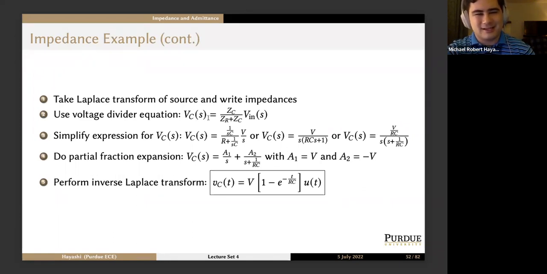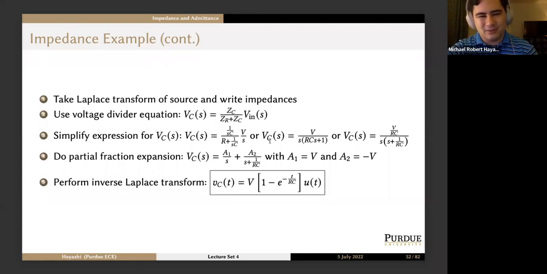So V_C of S is equal to V_in of S times Z_C over Z_R plus Z_C. So we plug in what the impedances actually are. We'll get V_C of S is 1 over SC over R plus 1 over SC, fraction into fraction, compound fraction. And then we have V over S.